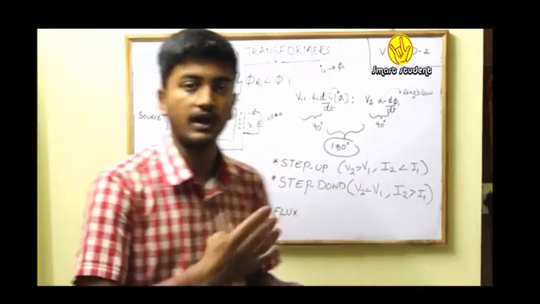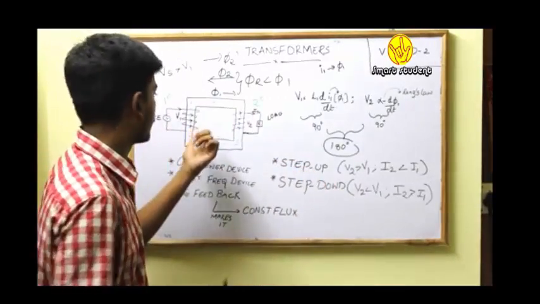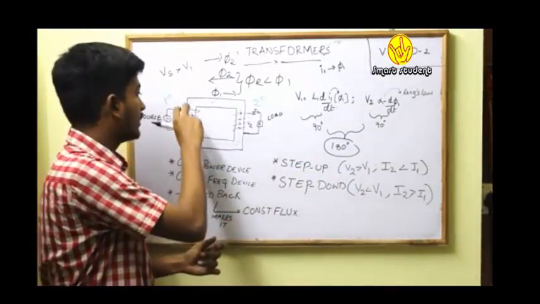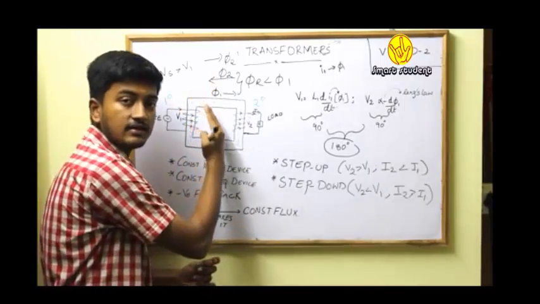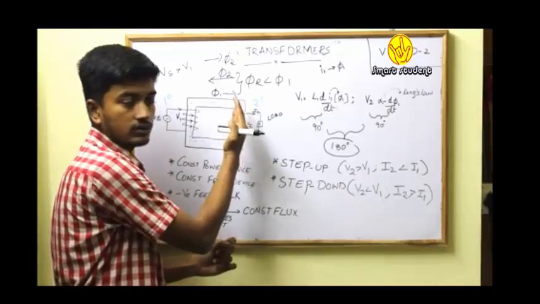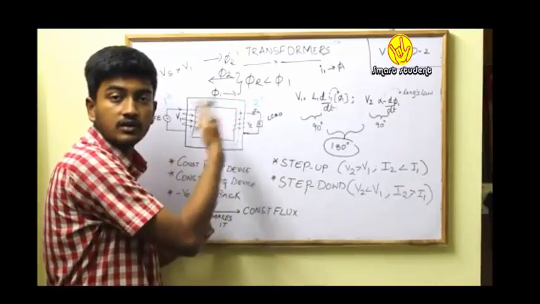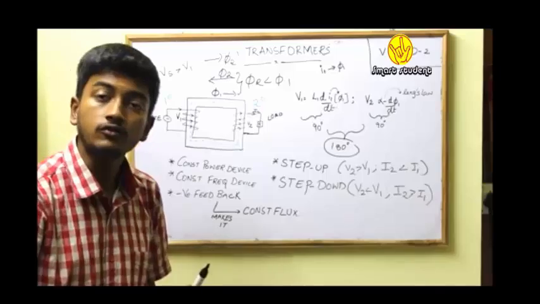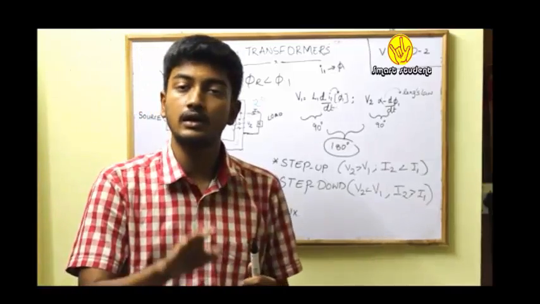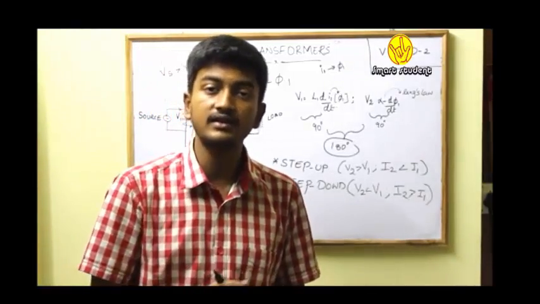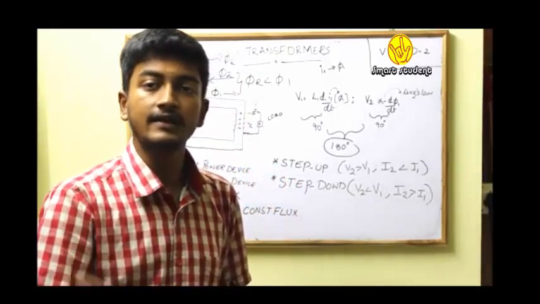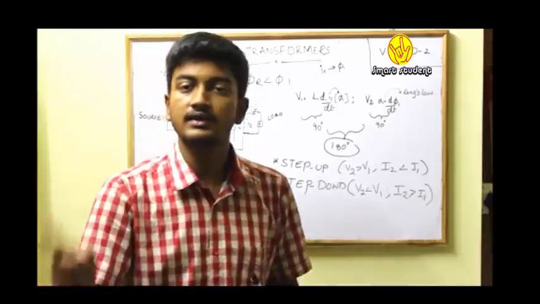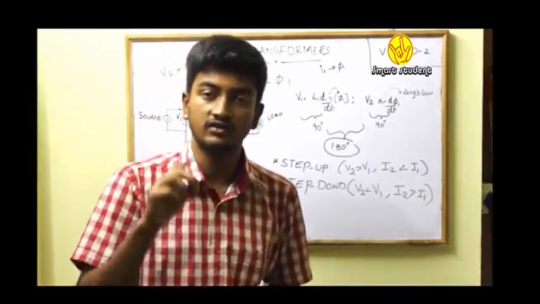Whenever my primary is energized, my electrical energy is converted into magnetic energy. Again, this magnetic energy is converted into electrical energy. From this, I conclude that my transformer is also an electromagnetic energy converting device. Some kind of energy conversion is taking place, but internally, not externally like in other machines.